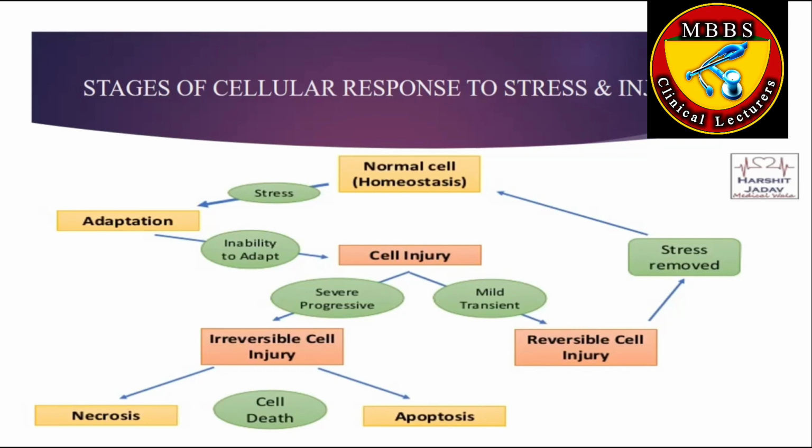So first we will discuss how our cells respond to stress and injurious stimuli. Normally the cells of our body are in a steady state that we call homeostasis, that's a normal cell state. A change in homeostasis due to any stress or injurious stimuli or excess physiological or pathological stress may force the cell to adopt a new steady state, as we all know, called adaptation.